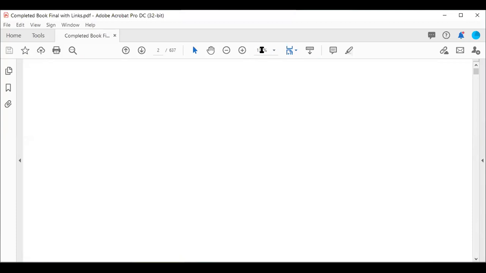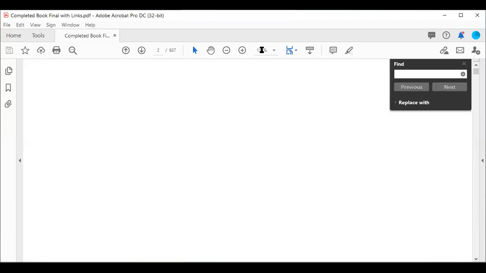I press Control F, that's a search, and I type counting. When you go to counting, there will be a lesson about counting. I don't know which lesson it is, and it takes a while to do that.